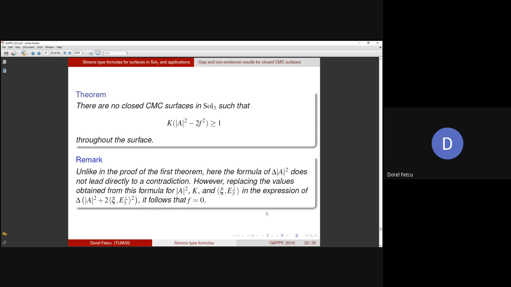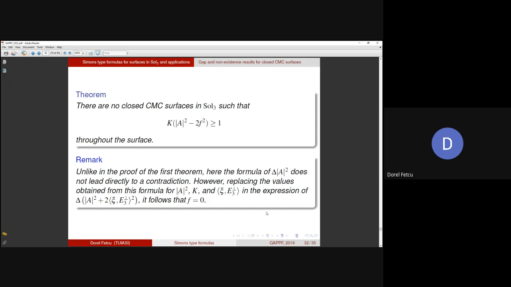It's worth mentioning that unlike in the proof of the first theorem, where we only had to use the first Simon's type formula, now the first Simon's type formula gives some values for the three terms involved in the inequality, and replacing these values in the second Simon's type formulas, we get the contradiction.